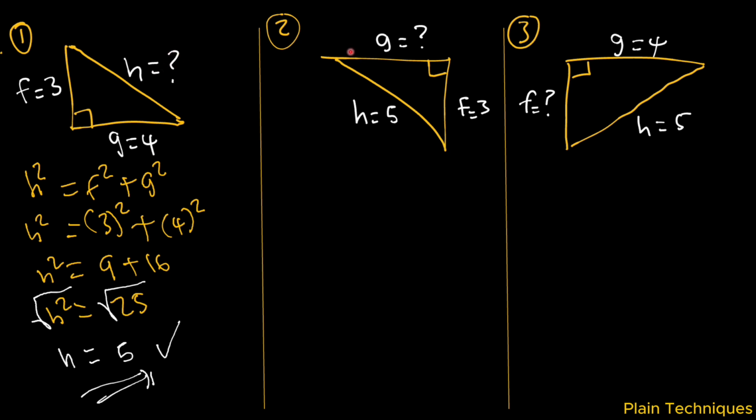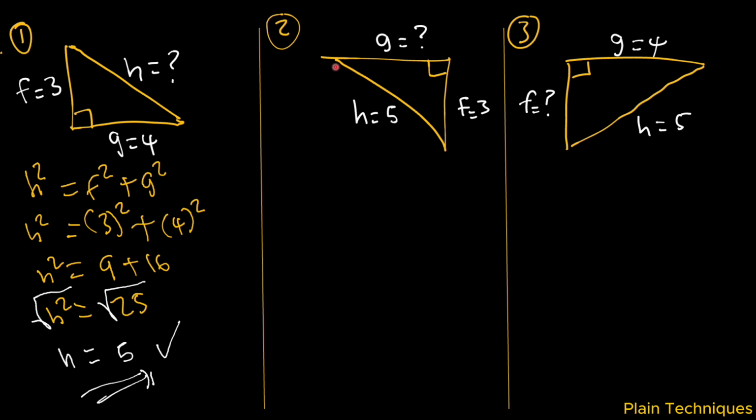Now let's move to the next one. On the next one, we need to know, is this a right-angled triangle? Correct, this is a right-angled triangle. That means you can apply Pythagoras theorem. For you to apply it, you need to identify h, meaning hypotenuse. What is the hypotenuse for this triangle?